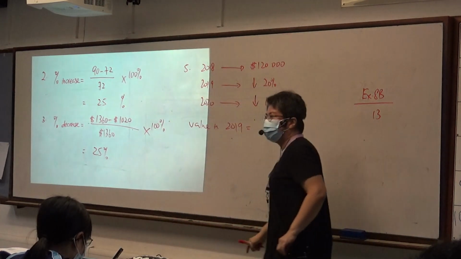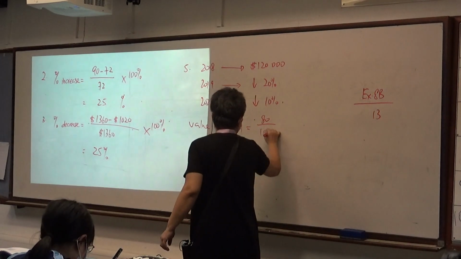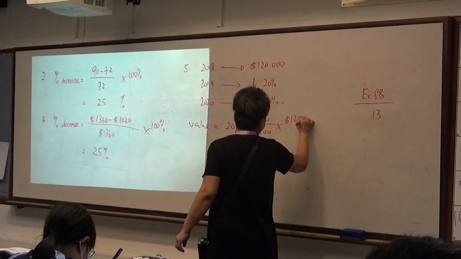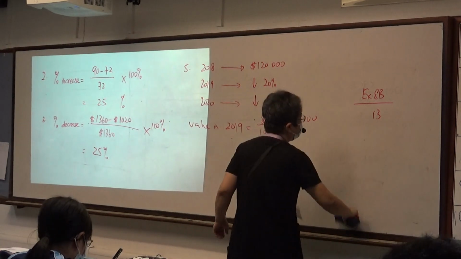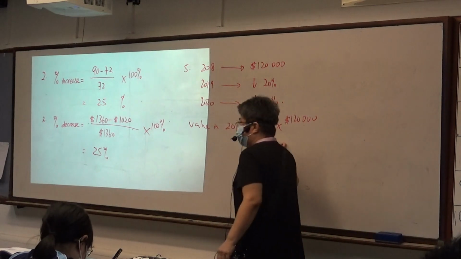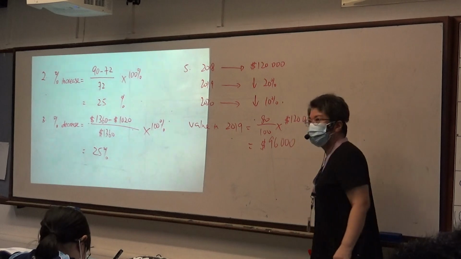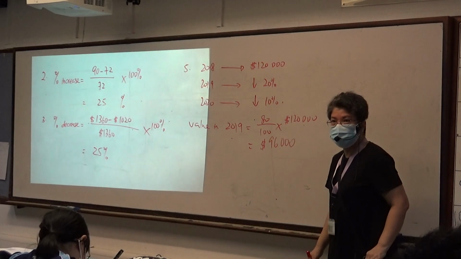Now, decrease 20%. So how many percent left? 80. 80% times this. Okay. Answer? 96000. Is this correct?